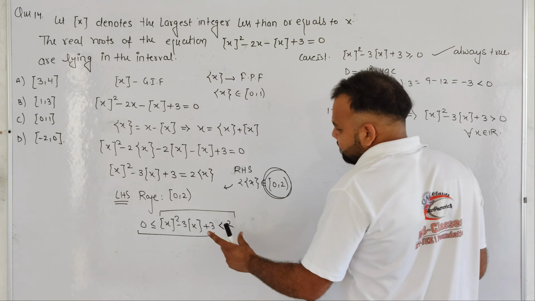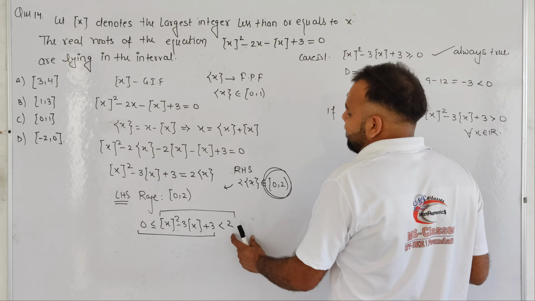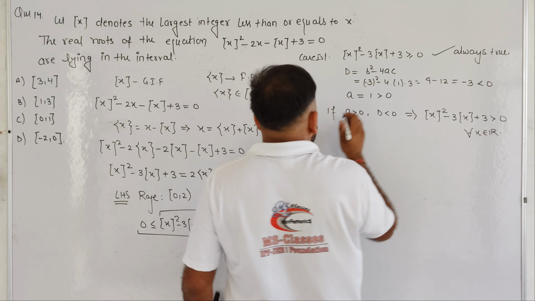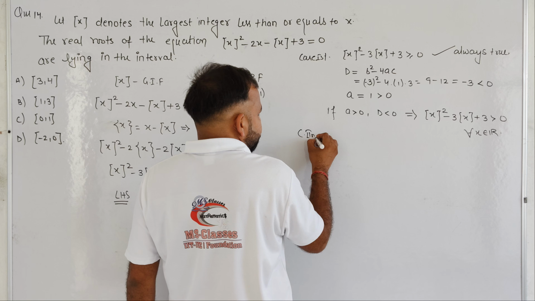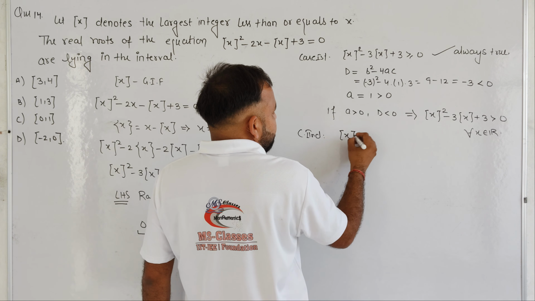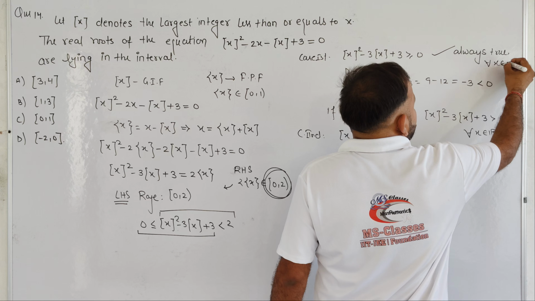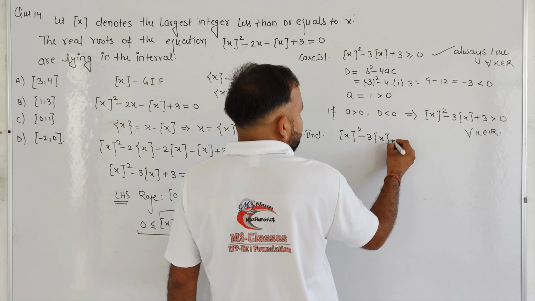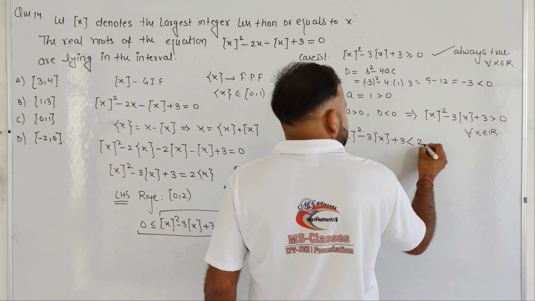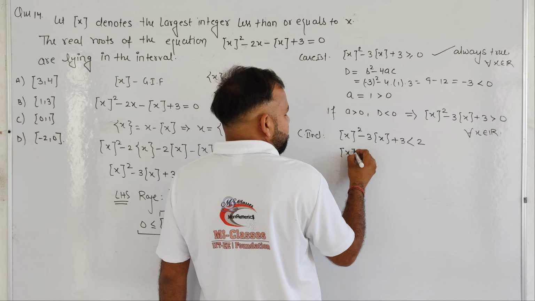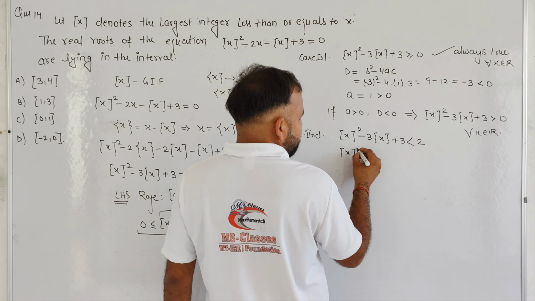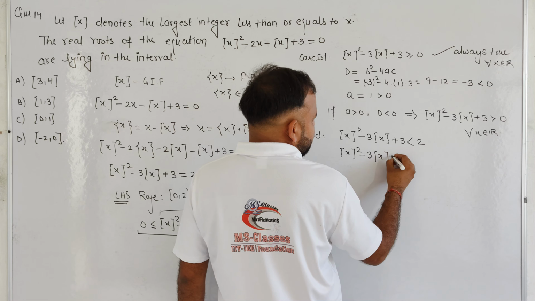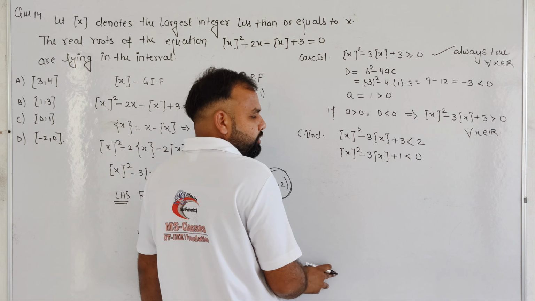But the second thing is that this expression must also be less than 2. Case second: [x]^2 - 3[x] + 3 is less than 2. Taking 2 to the left hand side, it will become [x]^2 - 3[x] + 1 less than 0.